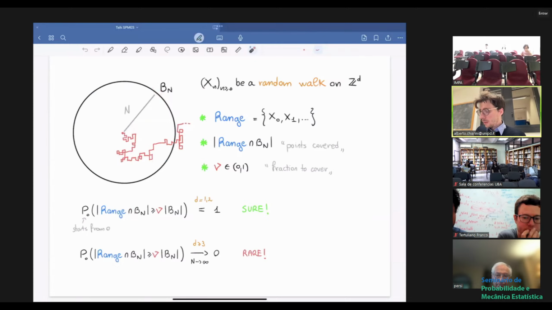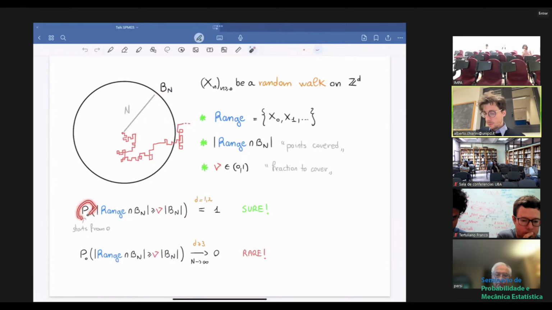Now we look at the number of points covered by this simple random walk, and we want to cover a fraction of points, and we denote by ρ the fraction of points that we want to cover. Now, if we are in dimension 1 and 2, there is no real question.